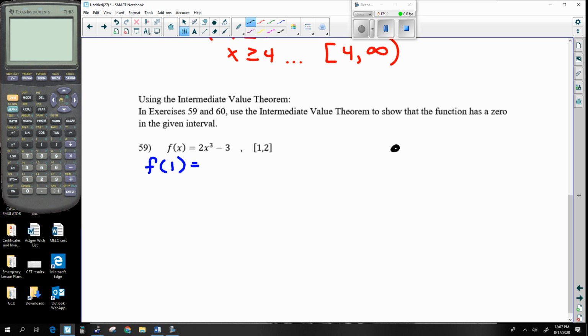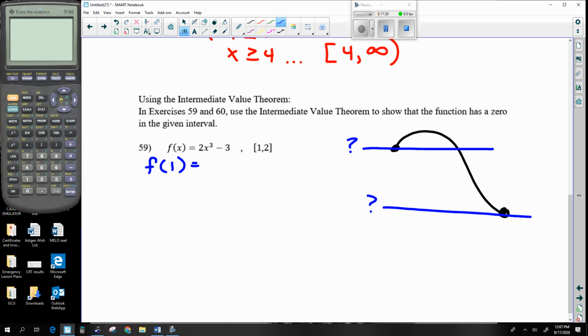So we show what these values are. That's what we're showing first and foremost. What are those beginning and ending values? And that will show that there's going to be a value of 0 somewhere in between these two things.